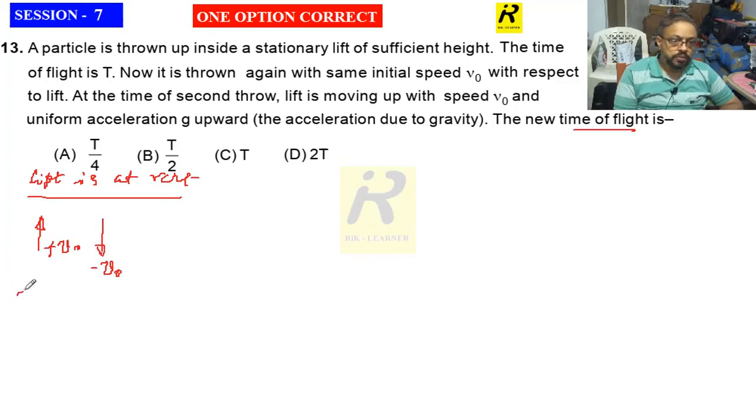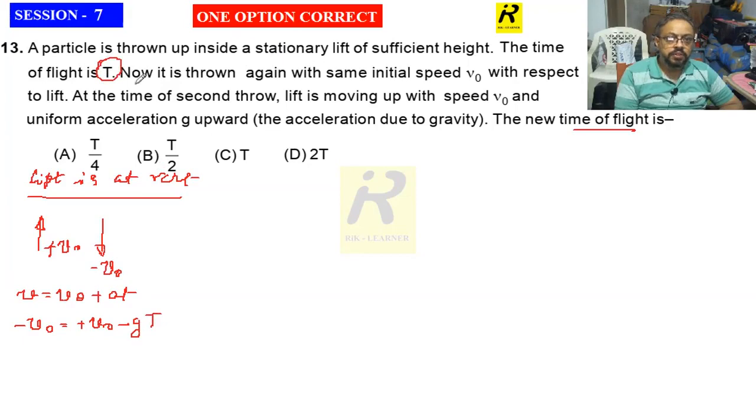So using v = v0 + at, we can get the time of flight relation like this. This is minus V0 and this is plus V0. This is the final velocity and this is the initial velocity. Both are in opposite directions. Minus V0 equals V0 minus gT, and the symbol for time should be capital T, which is said here.